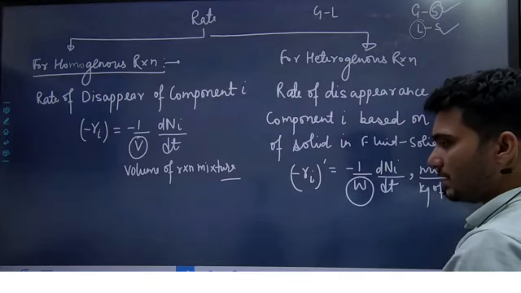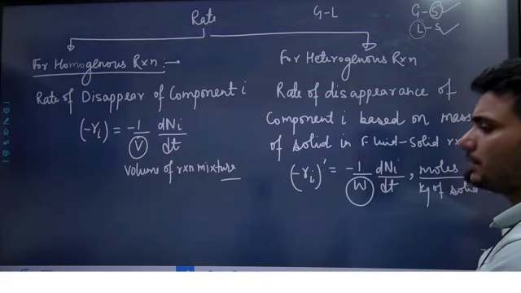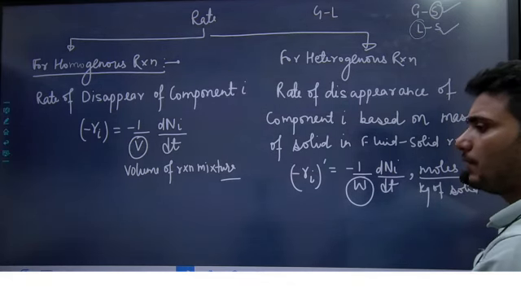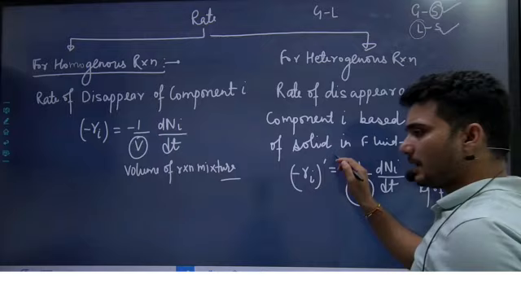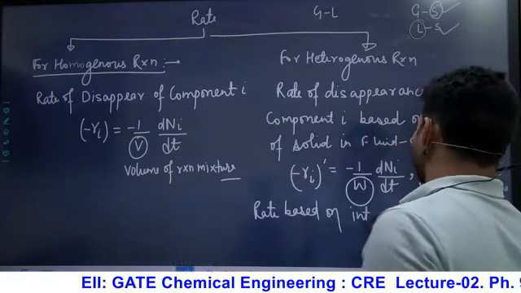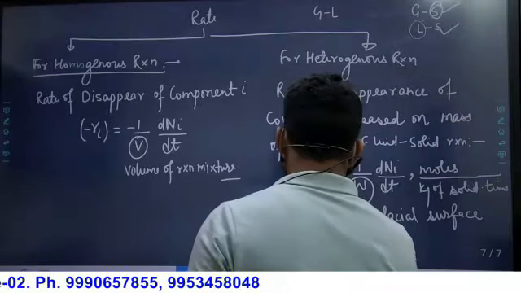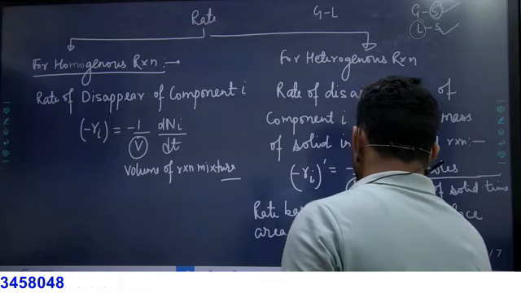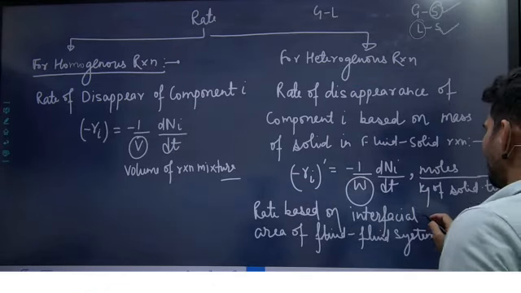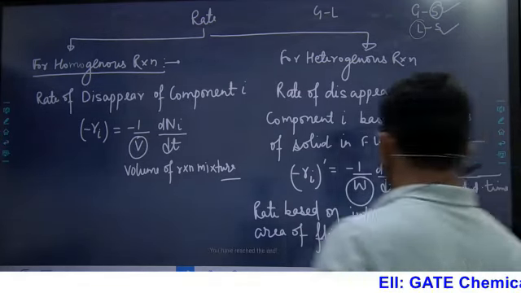So you should understand, in a heterogeneous reaction system we can define the rate based on various factors. Minus Ri prime, or you can say the rate based on the interfacial surface area of the fluid system or solid-fluid system. How will you define it?